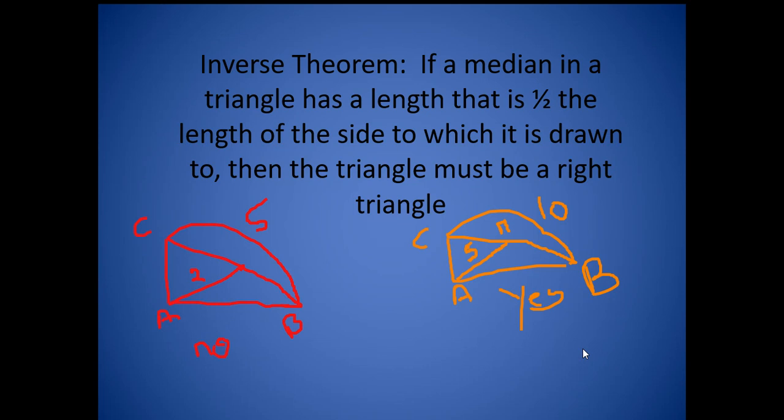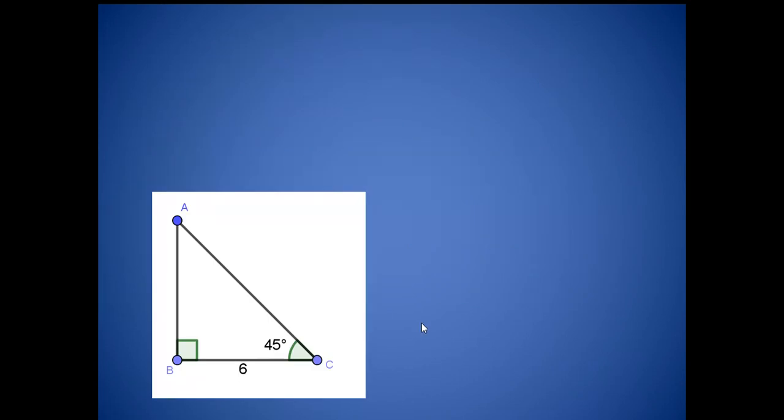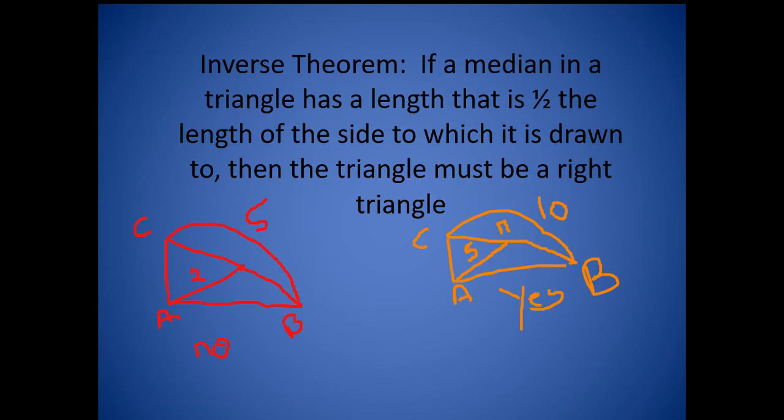I can use the inverse of Pythagoras. And if I have a median and the side drawn to with the measurements given, I can use the inverse of the median to check if it's a right triangle. So how many methods do we have? We have 3 methods: the 90-degree angle, the inverse of Pythagoras, and the inverse of the median to prove a right triangle.